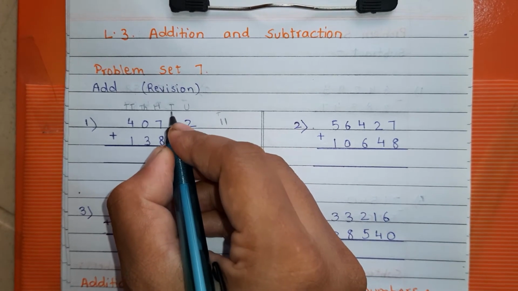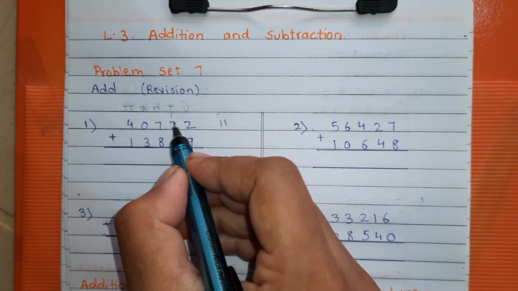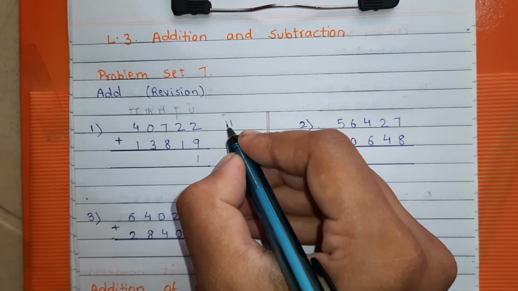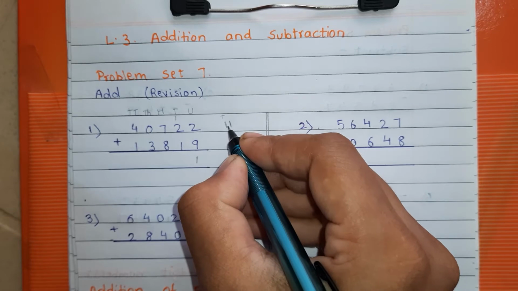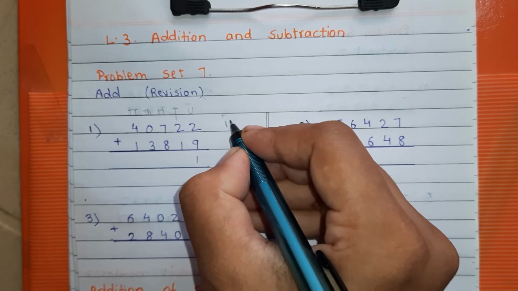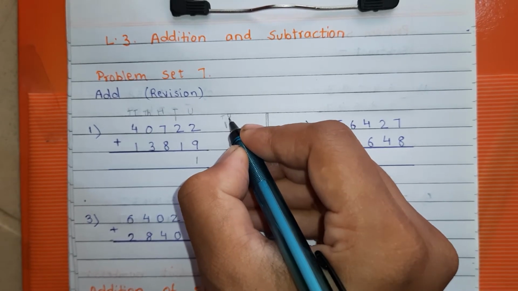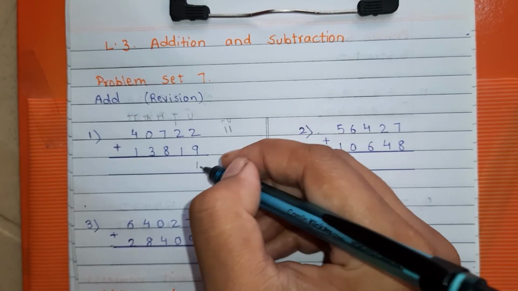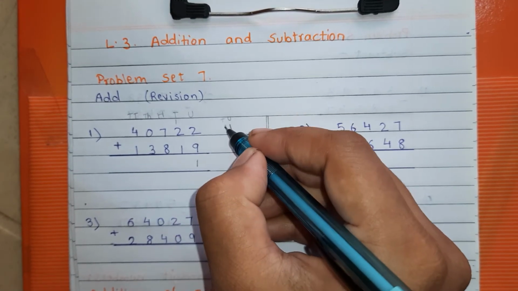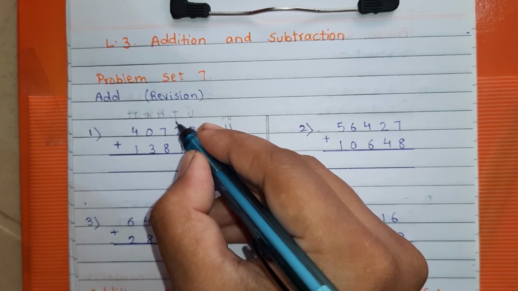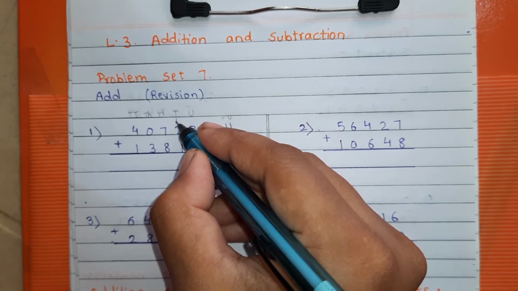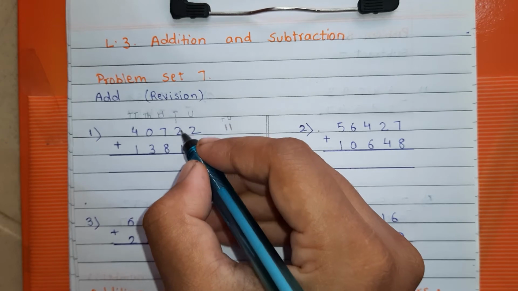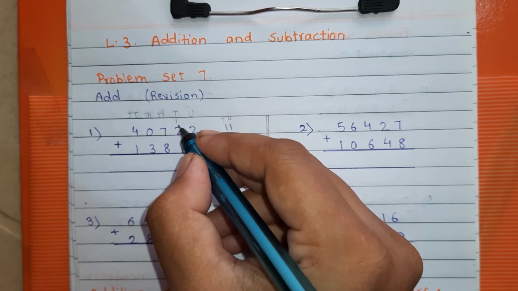So it will get carried over to the tens place. 11 is a 2-digit number, and in a 2-digit number there are two places, units and tens. So the units place number will stay in the units place and the tens place number will get carried over to the tens place.